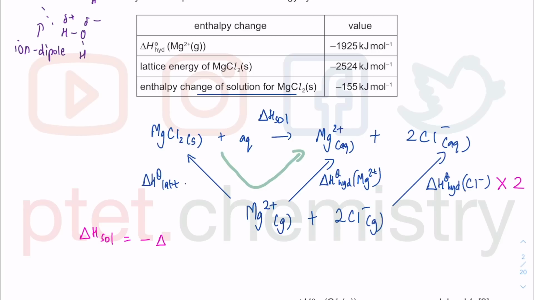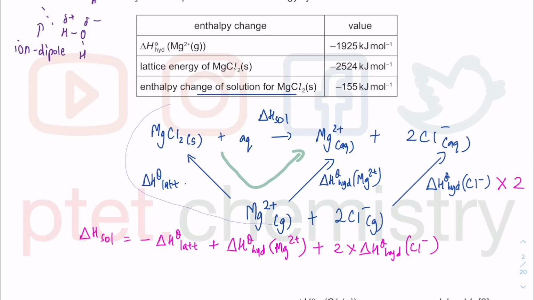So this is minus the lattice because the lattice that we define is for the formation of the ionic solid. It's going this way. If we're going opposite, so it's minus the lattice. Its direction really matters. And then I will add the hydration of the Mg2+, and I have 2 times the hydration of the Cl-.